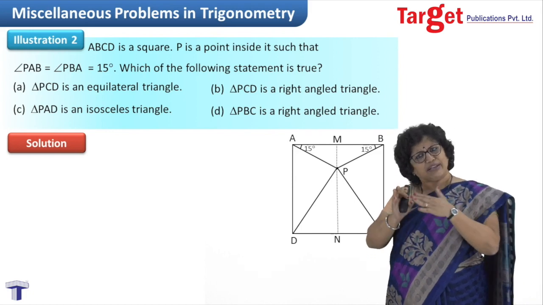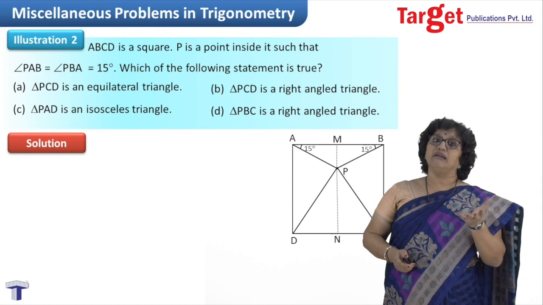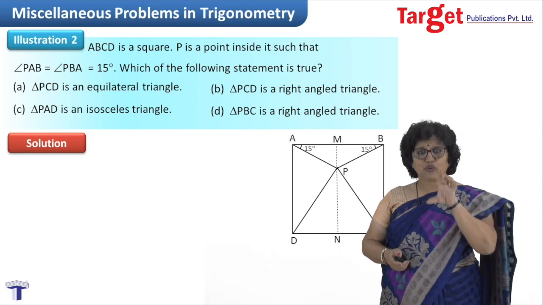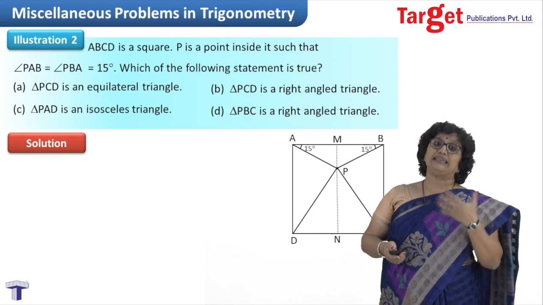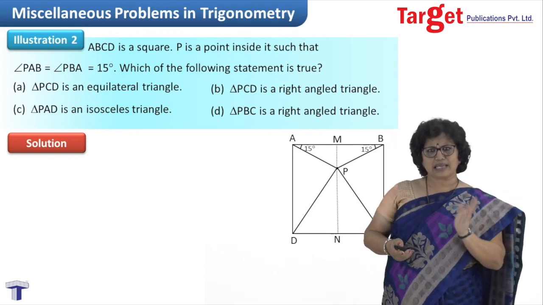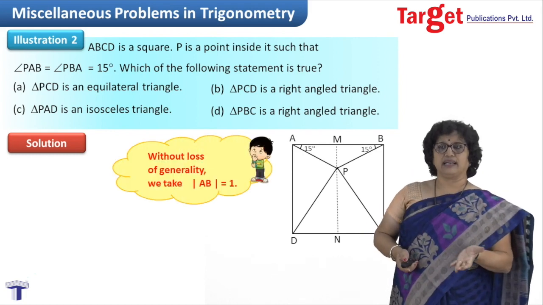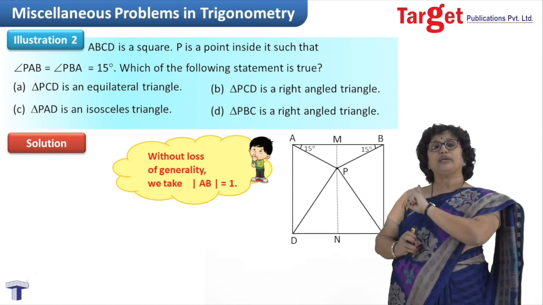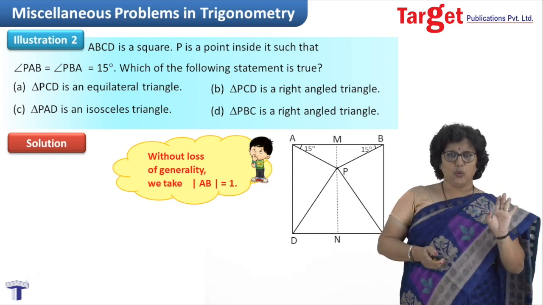So obviously everything will go in proportion. What I am trying to say is, when names are not given and you are trying to name something, if you give too many names, things may at times go out of control. So use some mathematical sense and name some sides, angles, etc. I am saying that without any loss of generality, I can write length AB as 1.